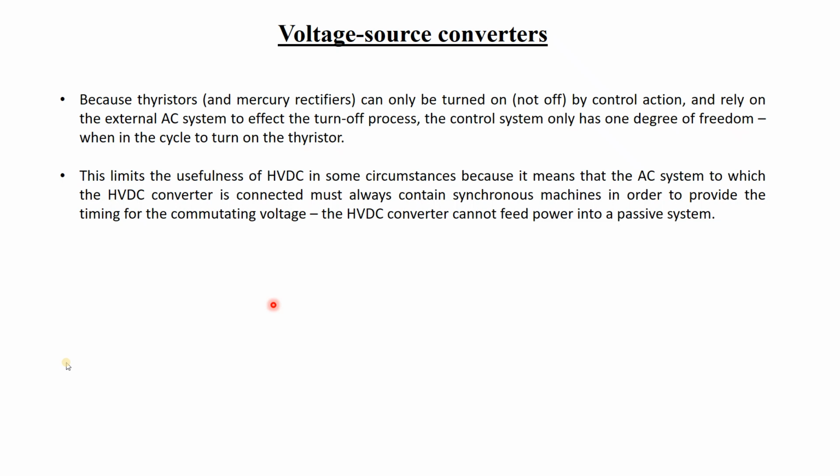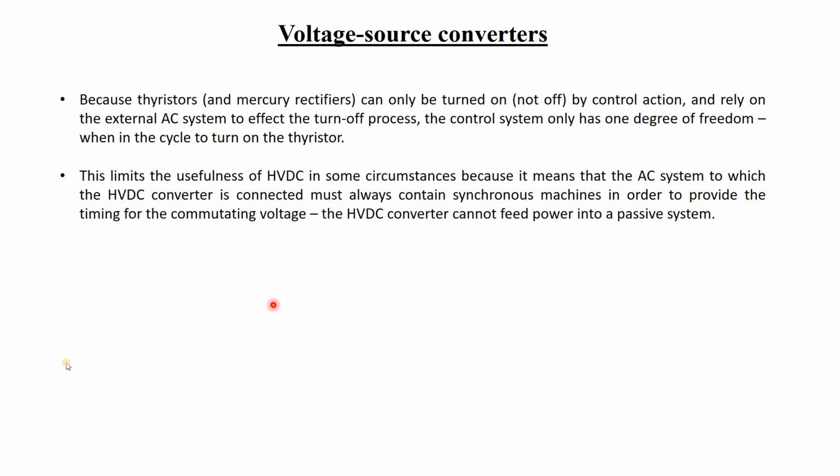This limits the usefulness of HVDC in some circumstances, because it means that the AC system to which the HVDC converter is connected must always contain synchronous machines in order to provide the timing for the commutating voltage. That means if the thyristor HVDC converter is connected, it has to be always connected to a synchronous machine.